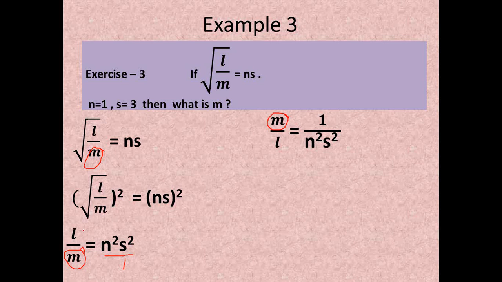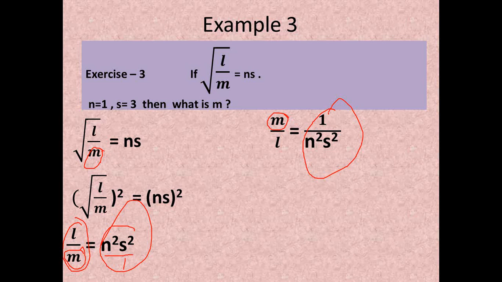Because you have done the reciprocal of this side, you have to do the reciprocal of this side as well, and you get m upon L is equal to 1 upon n square s square.